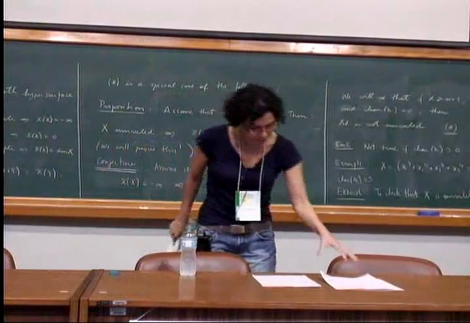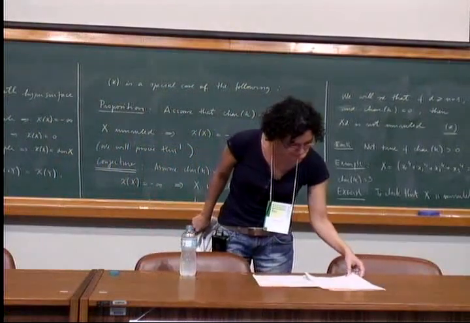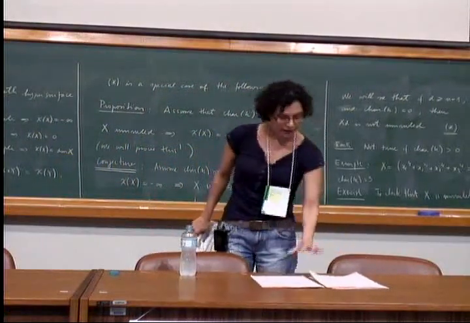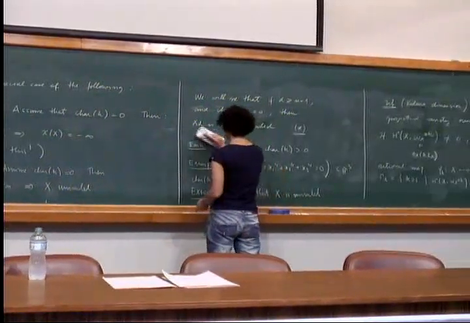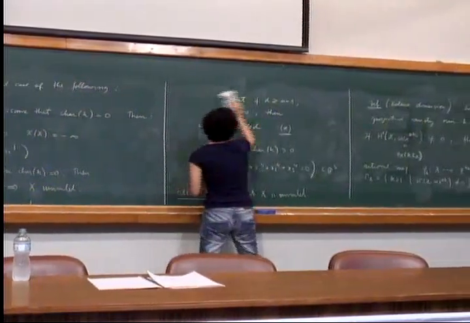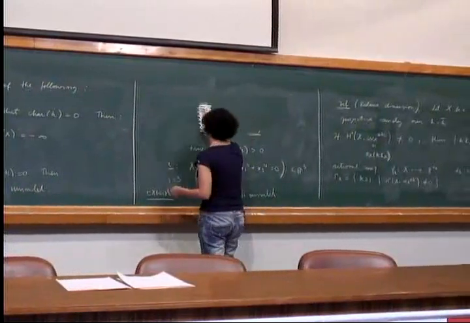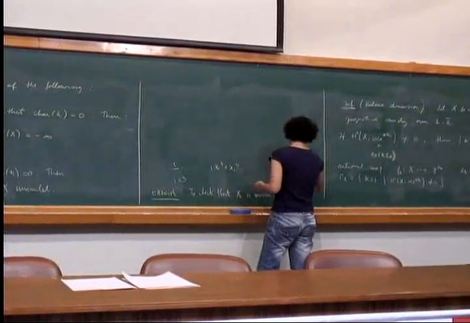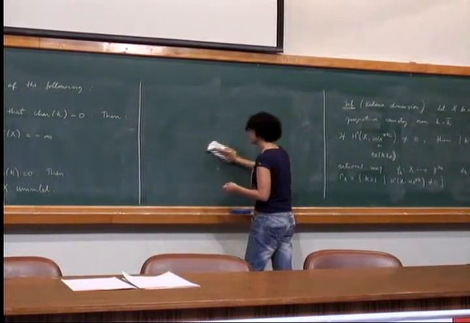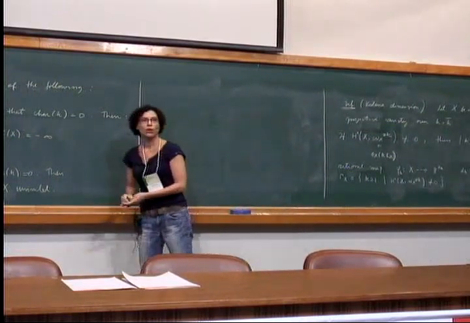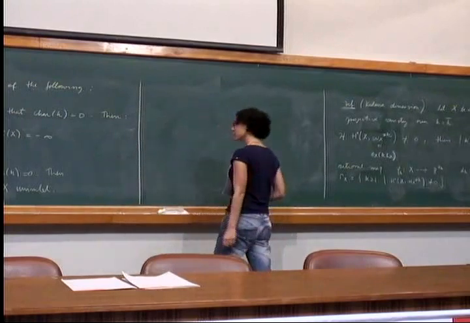Okay, so finally, to finish this introductory part, let me define one more important class of varieties, which are what we call rationally connected varieties. So the motivation is the following.